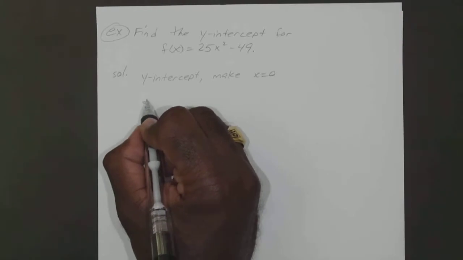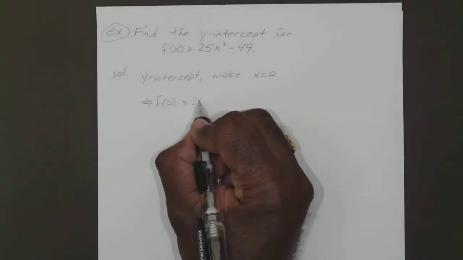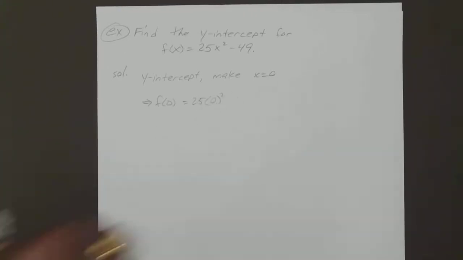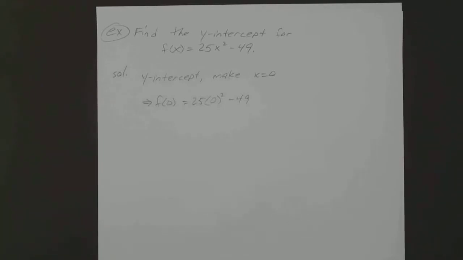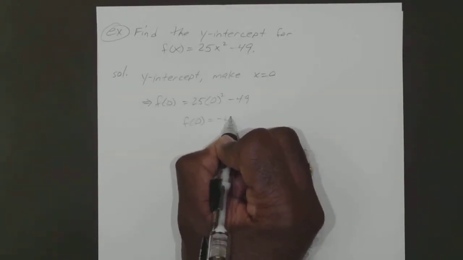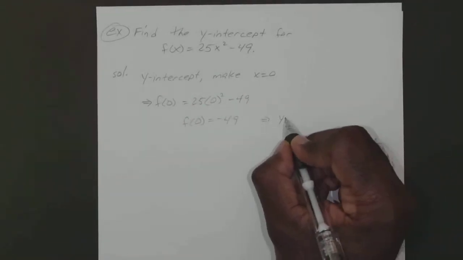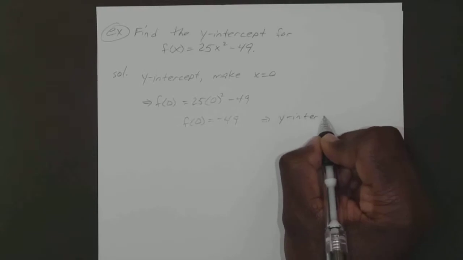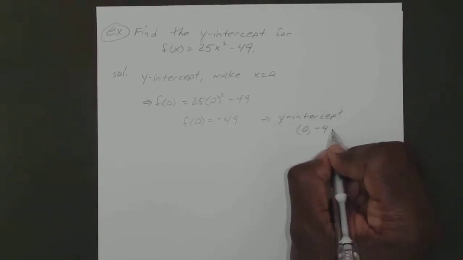Okay, so if you make x equals 0, that means f of 0 is equal to 25 times 0 squared minus 49. So f of 0 equals negative 49, which means your y-intercept is (0, negative 49).